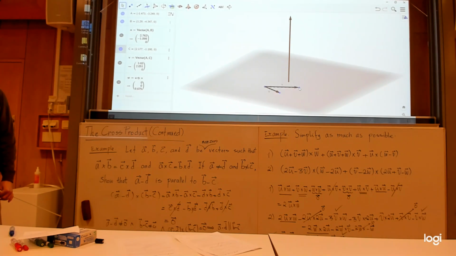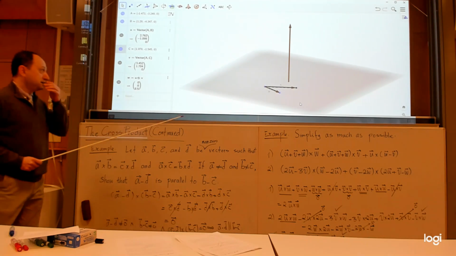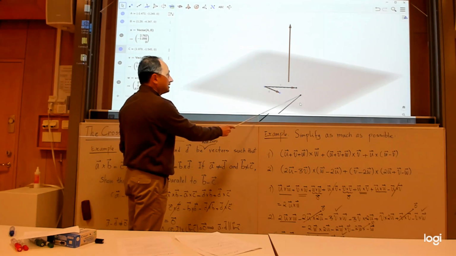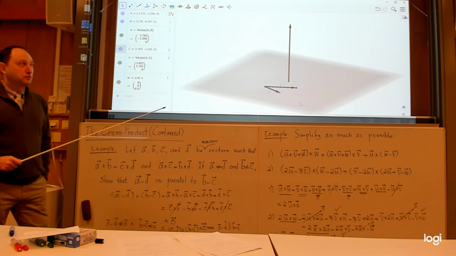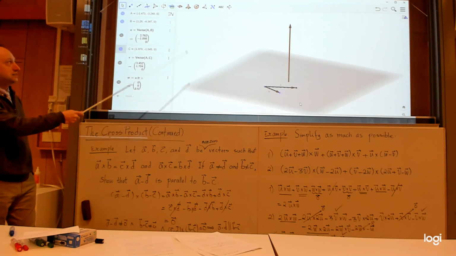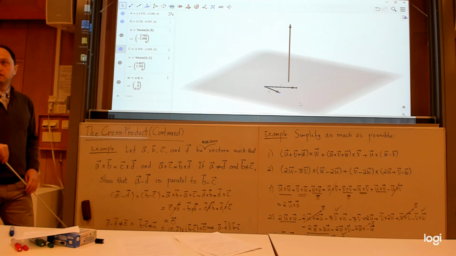Okay, now let me ask your intuition a little bit, to play a little bit of a game. It is clear that if I increase the size, this will be increased. By the way, did you expect that the direction should be upwards? The right-hand rule, yes?